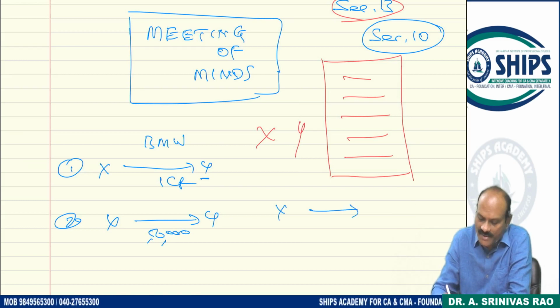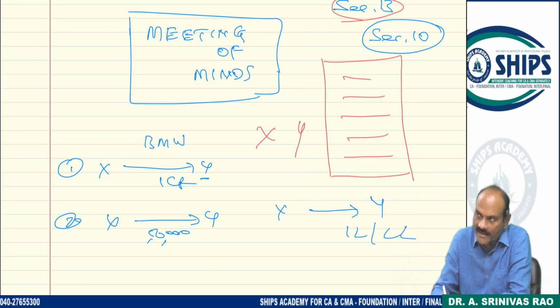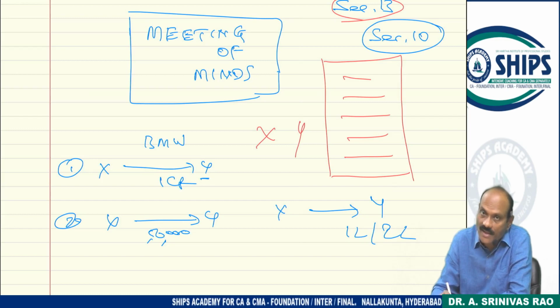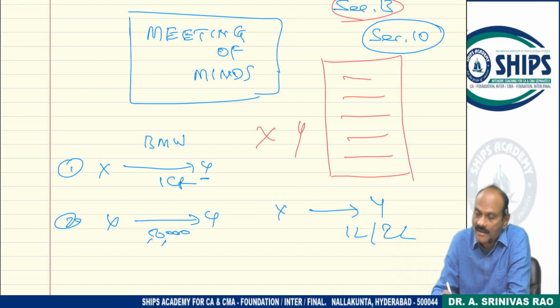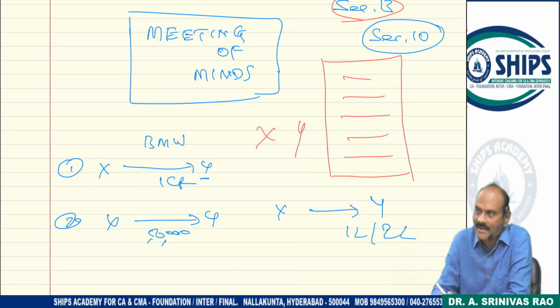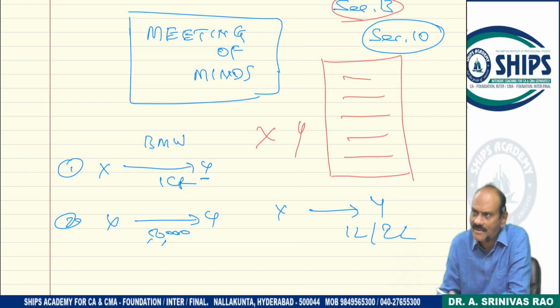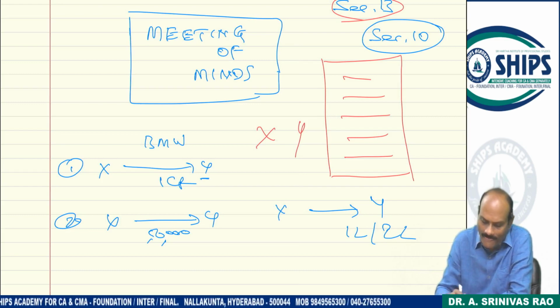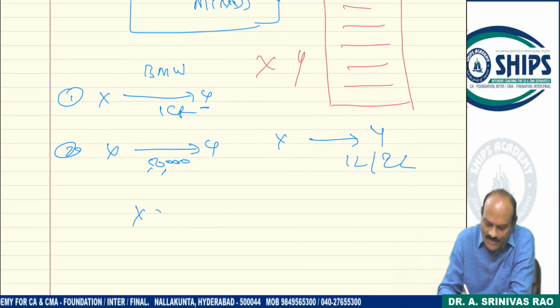X says to Y, Mr. Y, will you buy my business for 1 lakh or 2 lakh? No consensus here. As a seller, 2 lakhs. As a buyer, 1 lakh. Obviously, no consensus.